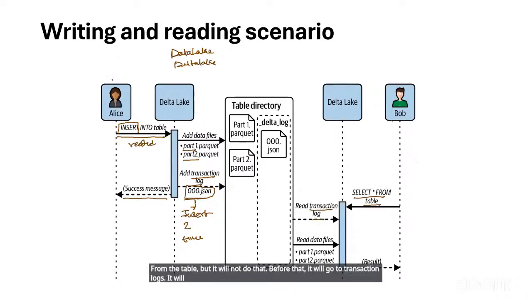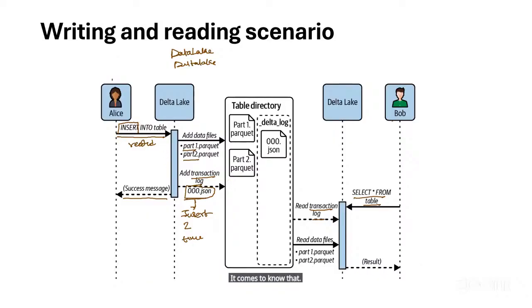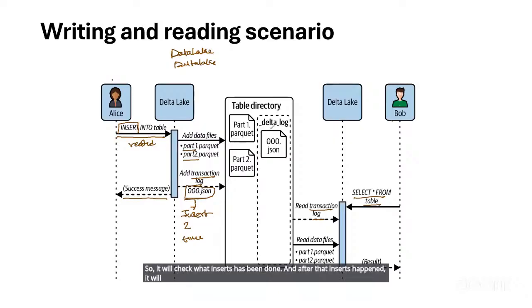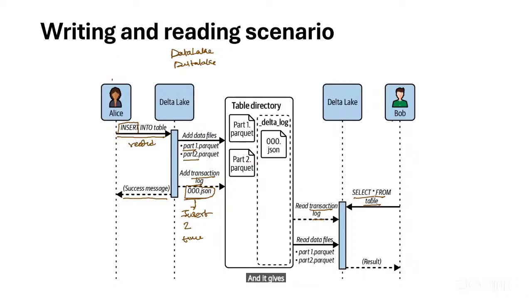It will check the transaction logs. It comes to know that an insert operation has been done. So it will check what inserts have been done. And after those inserts happened, it will treat the table status as the latest one. And it gives all contents from the table, which includes Parquet 1, Parquet 2.